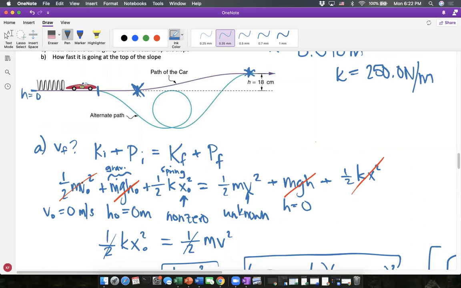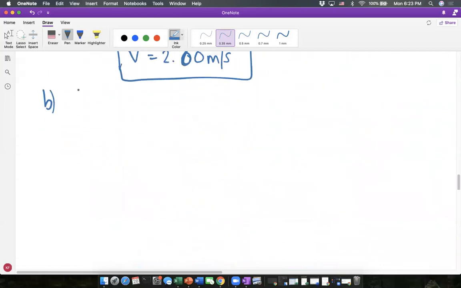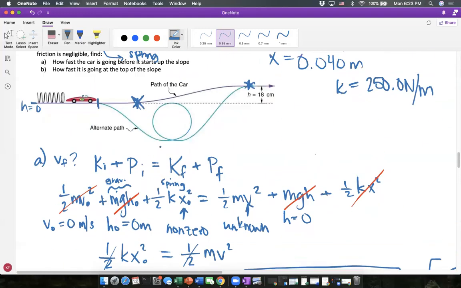Our initial velocity is going to be 0, so that's canceled out again. Our initial height is again 0, so that one's canceled out again. Now our spring displacement here is non-zero, so we're going to have this term again, 1/2 kx squared. That's what our left side is going to look like.